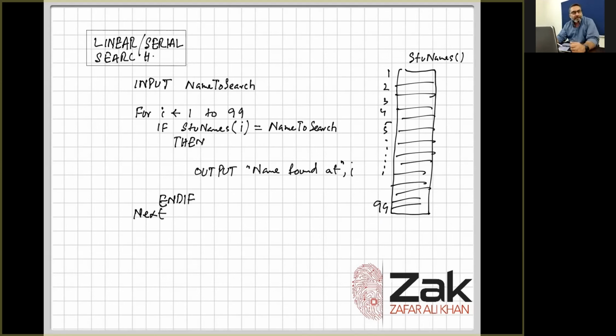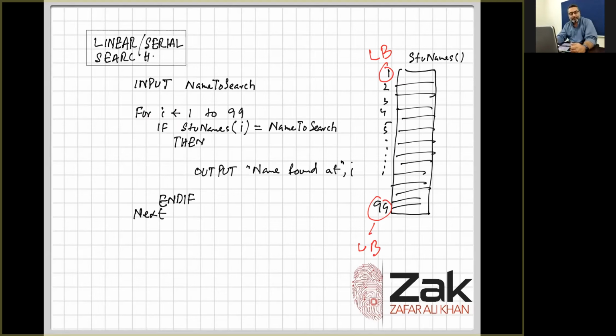From for I, first location lower bound, which is 1, to upper bound, which is 99. This is lower bound, this is upper bound. The loop goes on and will check for the value in every single location of this array.